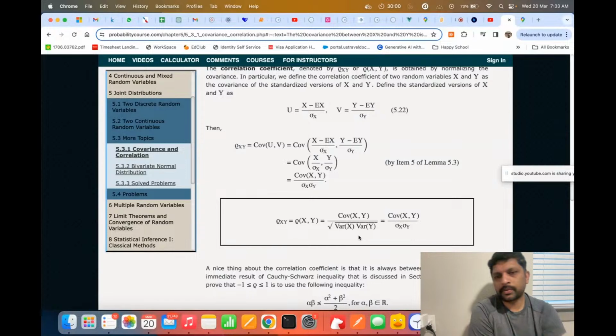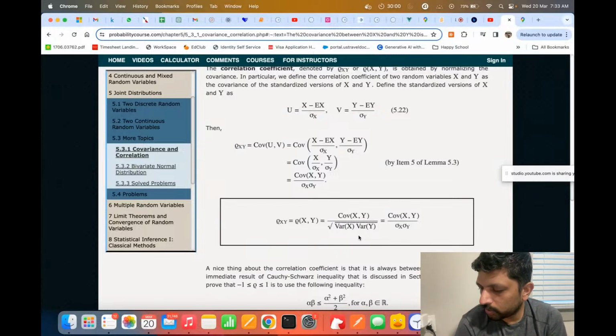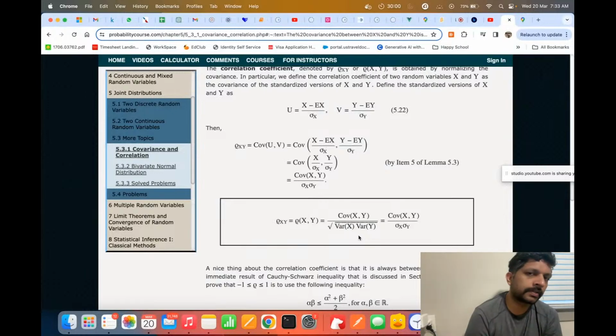The n cancels out. That is the sum of products of x, y, over the square root of the sum of squares of x minus xi.